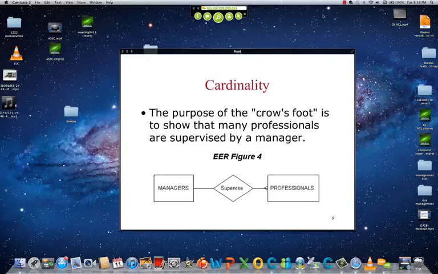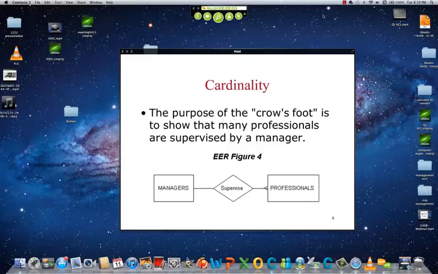Okay, good. So what does it mean here that we have one to many? Can anybody explain it? Is it that one manager can supervise many professionals? Okay. And a lot of professionals are supervised by one manager? And one professional is supervised by a manager. So, the way to read this, please pay attention.